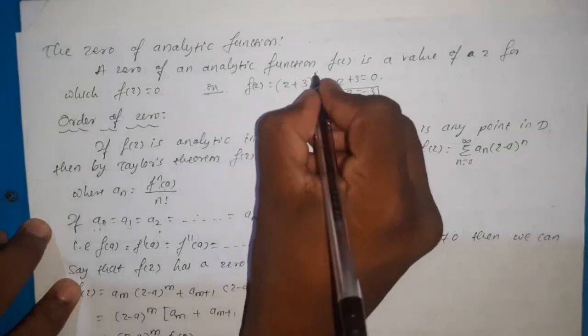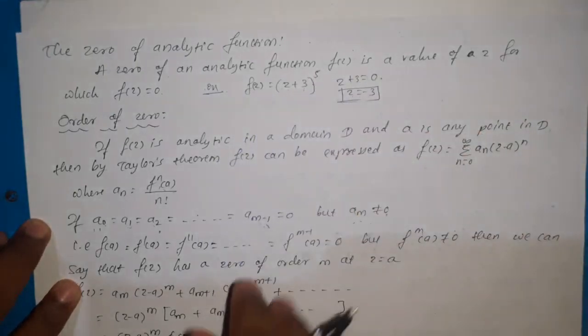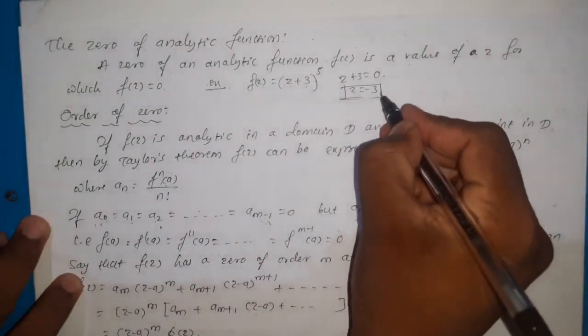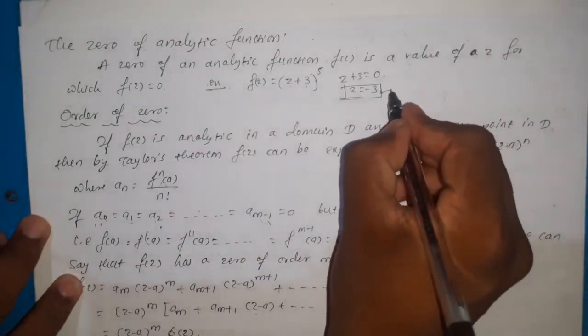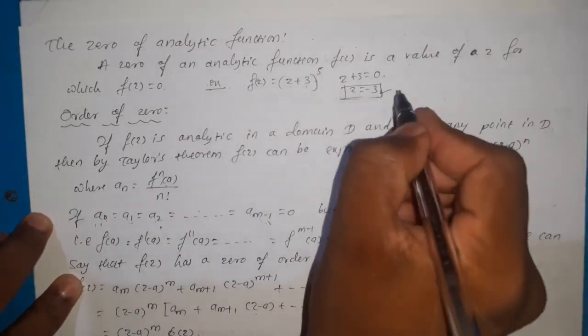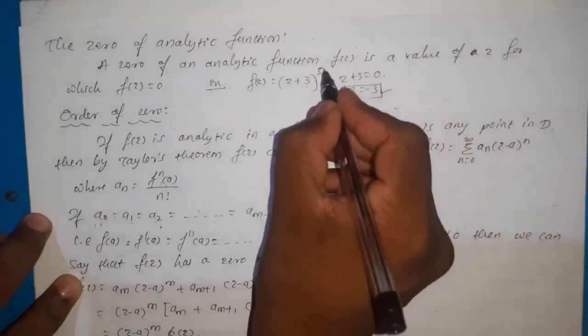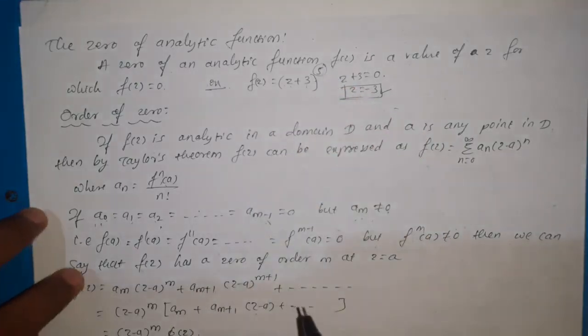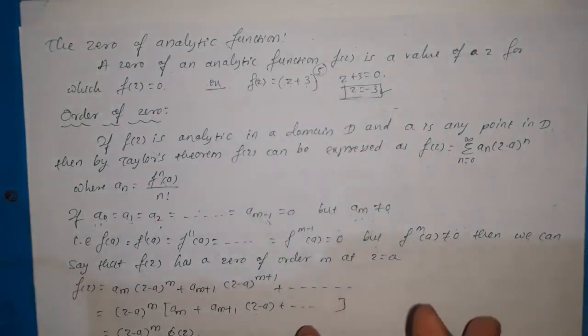Suppose if you consider this as z plus 3 whole power 5, then z equal to minus 3 is a 0 of order 5, meaning whatever the power is, the same power will be considered as the order of 0 for that function.